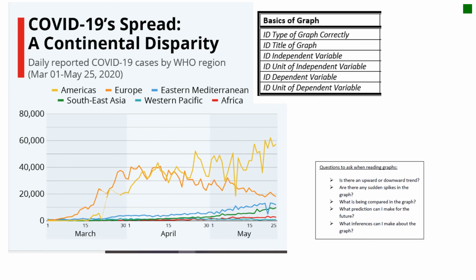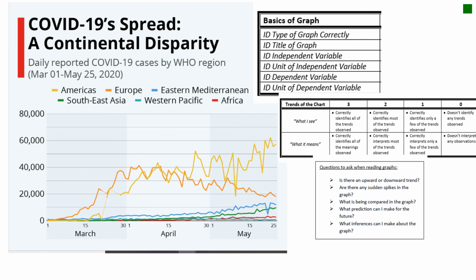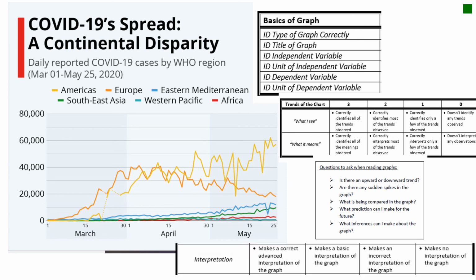Think about questions regarding the graph. Using those questions to say, what do you see? And start thinking about what does it mean, which lead us to your interpretation. Try it out and then check out the answers on the next slide.